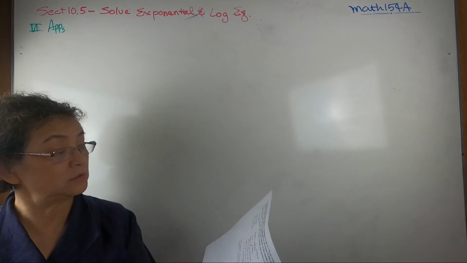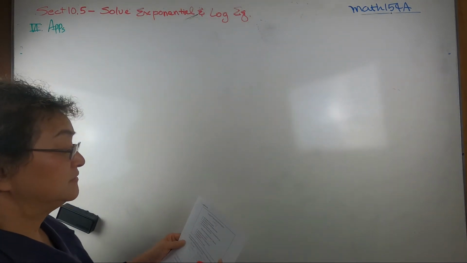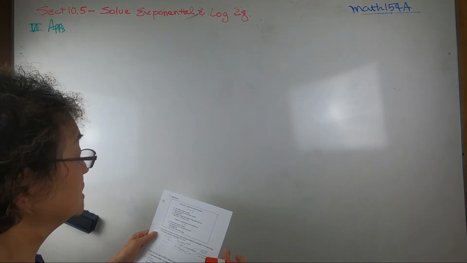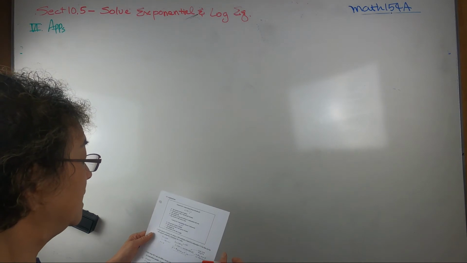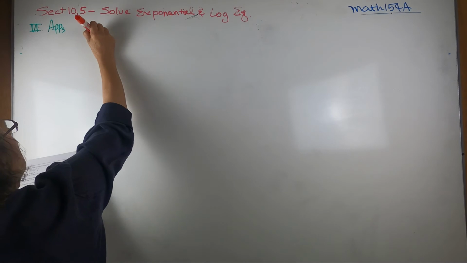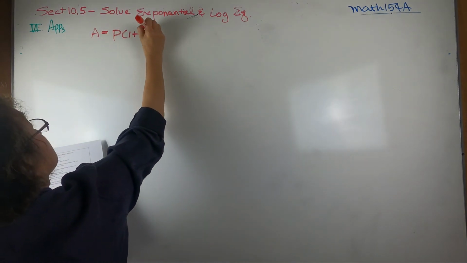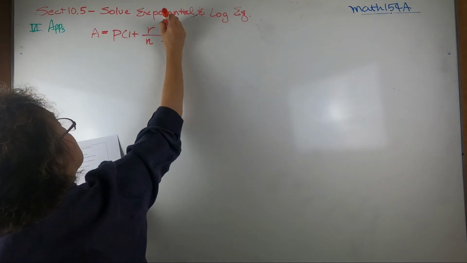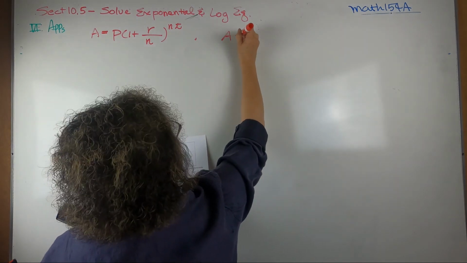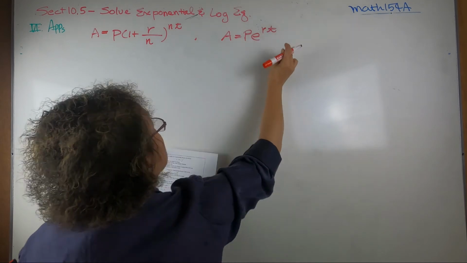Okay, so look at your page 42. Let's talk about money first, and compound interest periodically or compound interest continuously. There are two formulas. One is like this. We just give you the formulas and you don't know why, but just learn how to use it first.